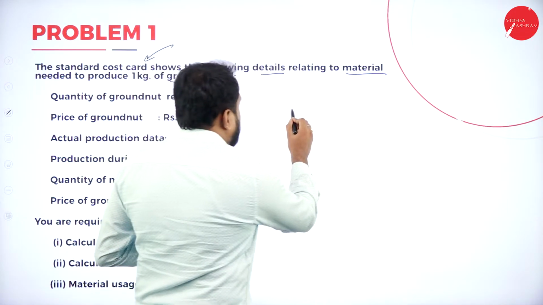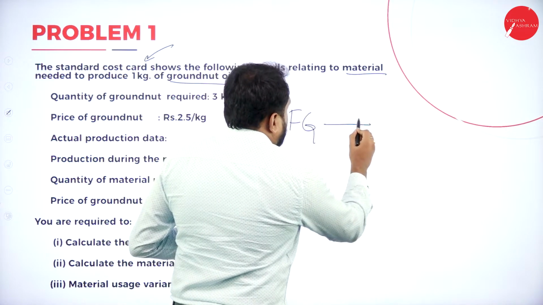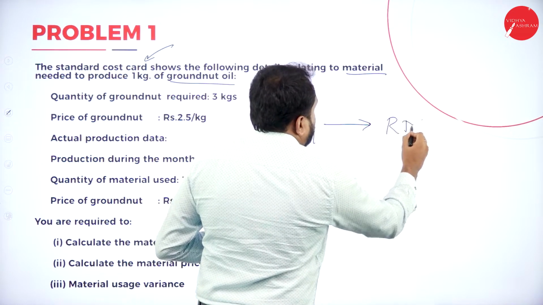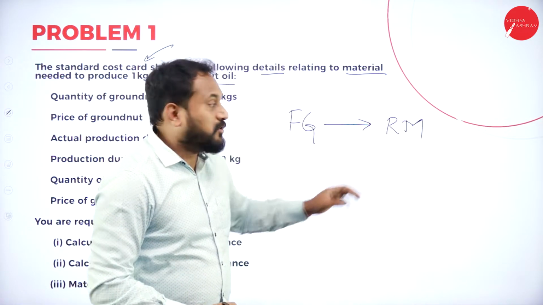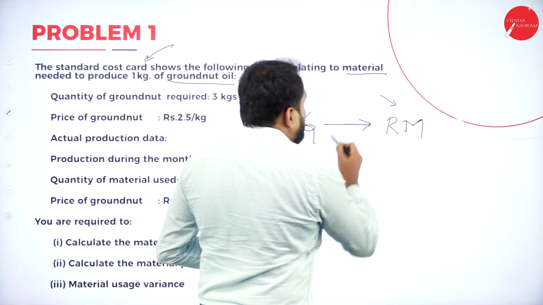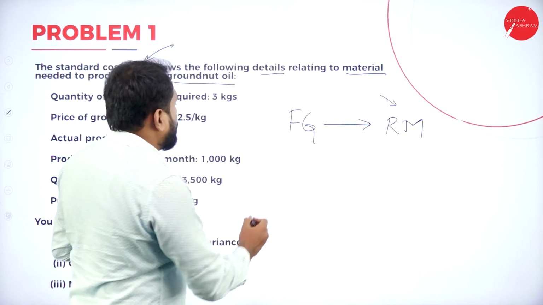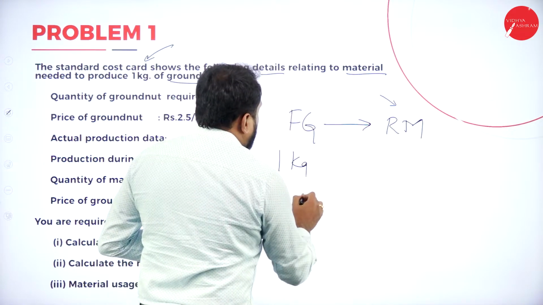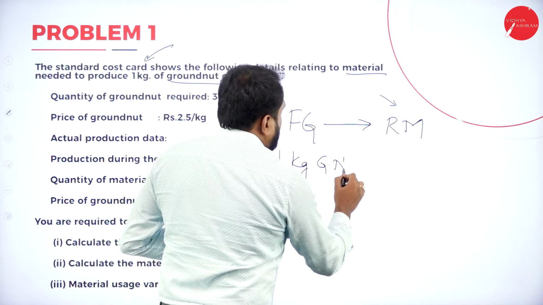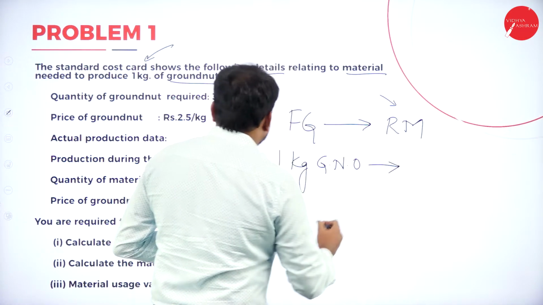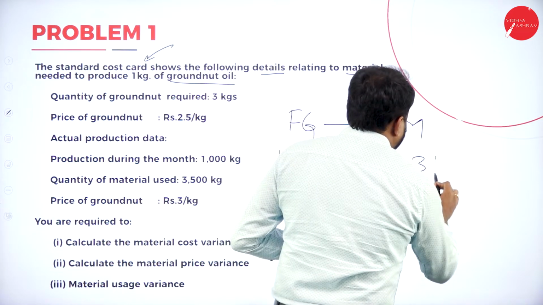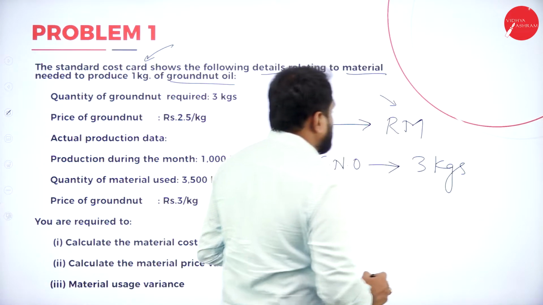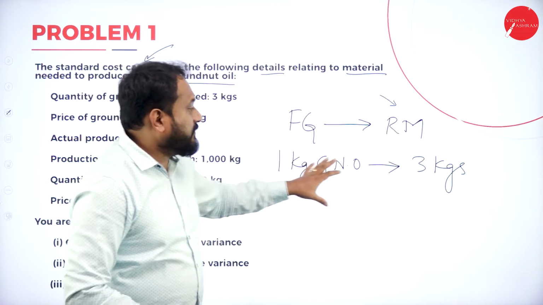You have finished goods that are getting converted from raw material. As a manufacturer, will you pay for finished goods or raw material? You'll only pay for raw material. Correct? Now, for 1 kg of groundnut oil, how much do you require? The quantity of groundnut required is 3 kgs. This is the first criterion we got to know.